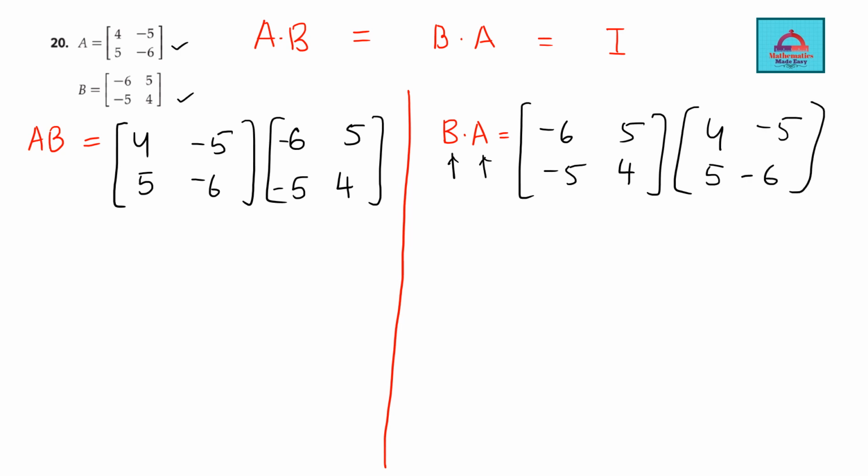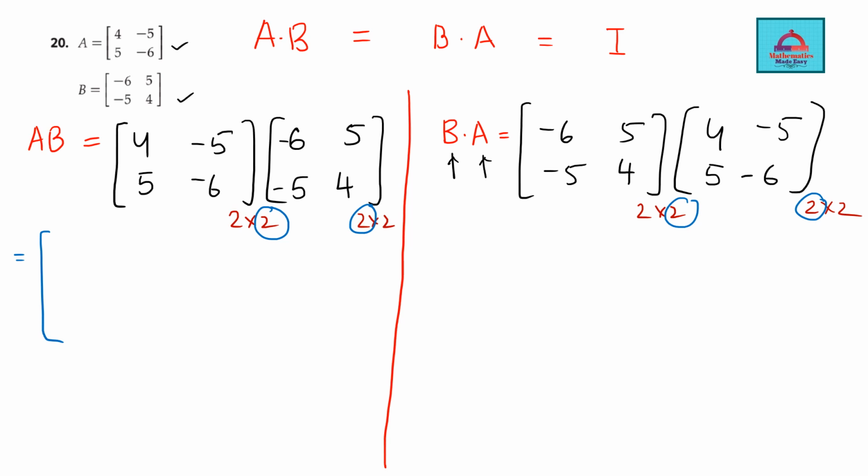Order is definitely important. Before we do multiplication, check the condition. Both are 2 cross 2, so multiplication will not be an issue. The condition is very well true. Let's still check it: the number of columns here is equal to the number of rows here. Excellent. We can go ahead.